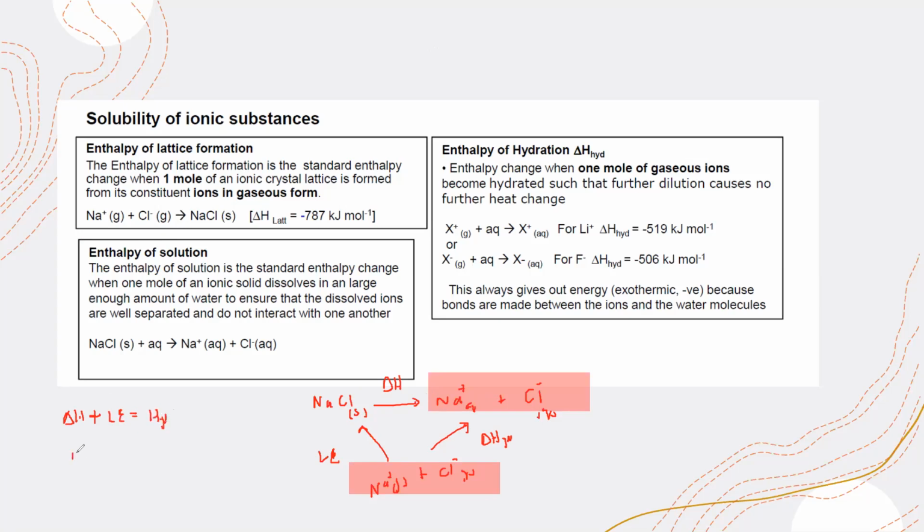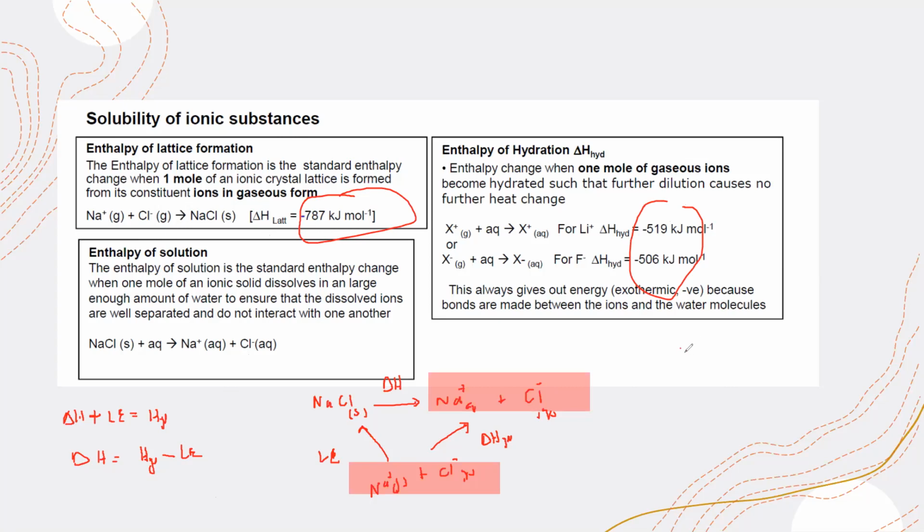Or when I move lattice energy to the other side, enthalpy of solution is hydration energy minus lattice energy. But when you calculate the hydration energy and lattice energy, because both are bond forming, which is exothermic, lattice energy is negative and hydration energy is also negative.